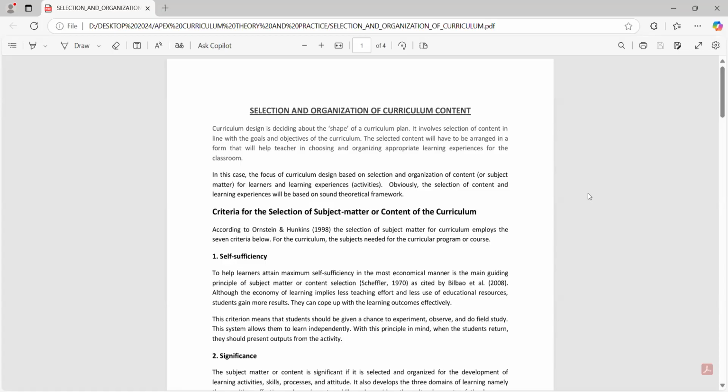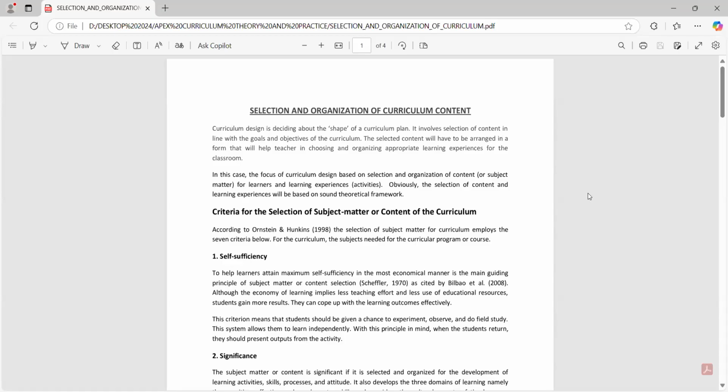It's a laborious task. Selection of the content and organization of the content is a very big task, a massive task when it comes to curriculum design. Okay? When you want to develop a curriculum, how to select the content and organize it across the years is not that easy.